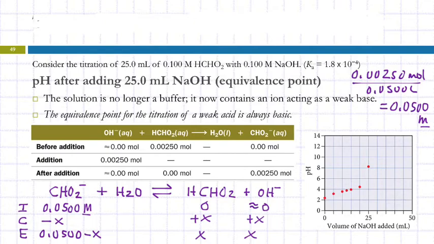Can I use Ka here? No, because this is the weak base, right? So I need to use Kb. Remember, Kb equals Kw over Ka. So 10 to the minus 14 divided by 1.8 times 10 to the minus 4.